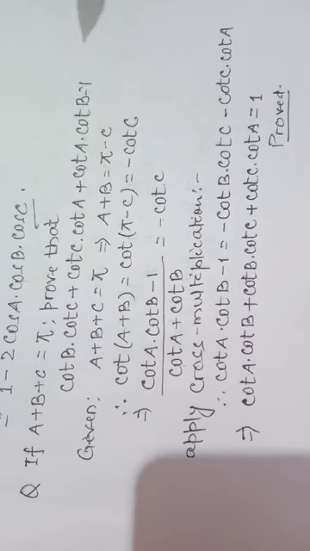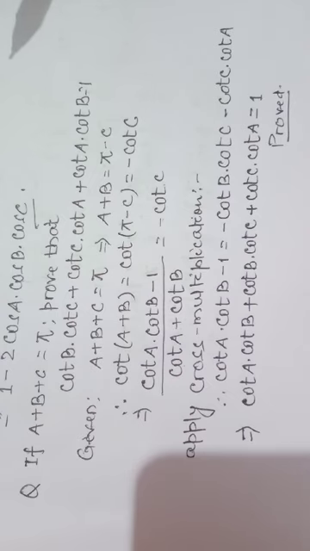So children, always remember that problems of cot and problems of tan always start with the condition, that is a plus b plus c is equal to pi, and the remaining problems, that means problems of sine and cos, proceed with LHS and get RHS by simplification.